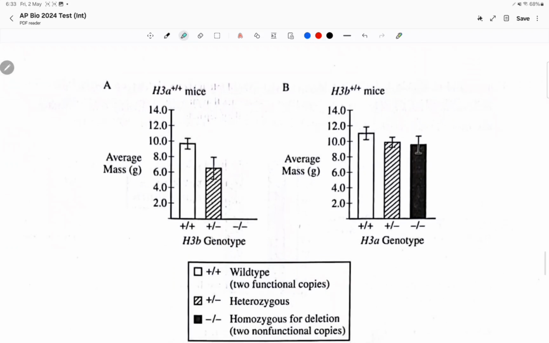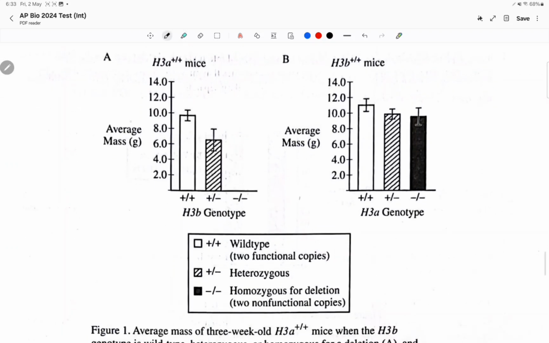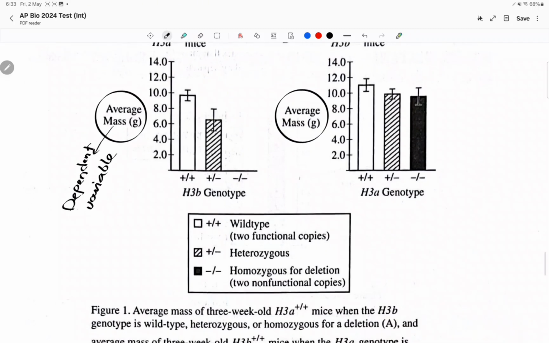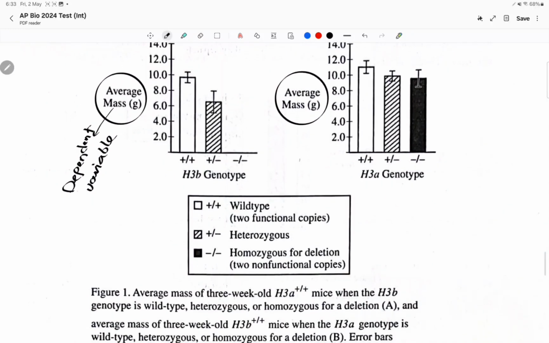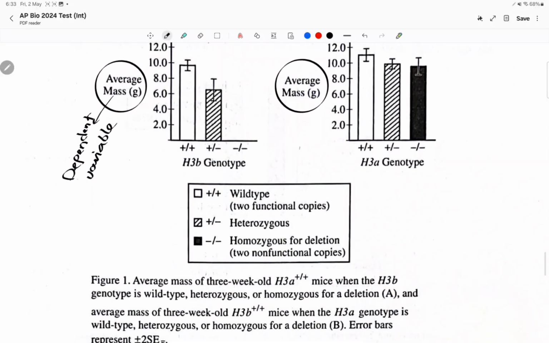Okay, so what do we see on the y-axis? Average mass. So average mass of the mice was essentially our dependent variable. Okay, you see, our wild type is going to be the control. Why? It has no mutation.